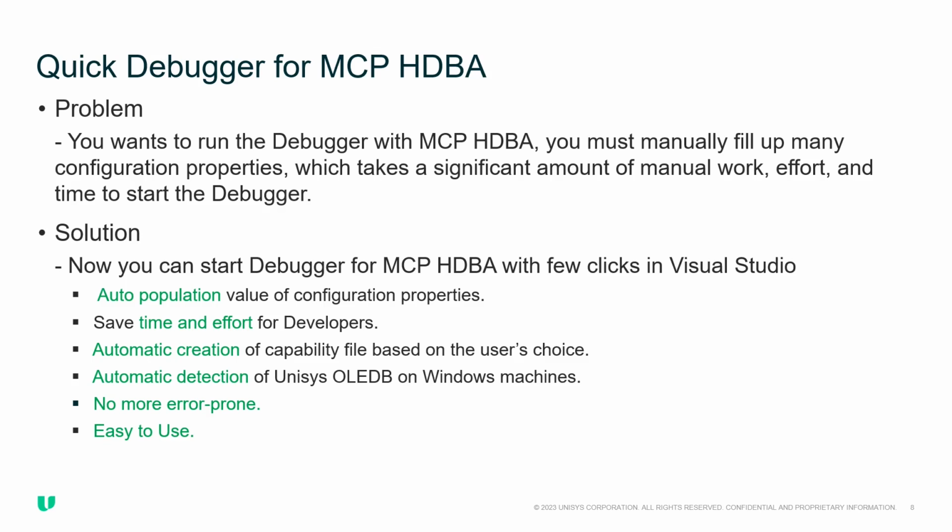It will automatically create the capability file based on the user's choice, and also automatically detect Unisys OLEDB on a Windows machine. So there is no more error-prone work and it is very easy to use.